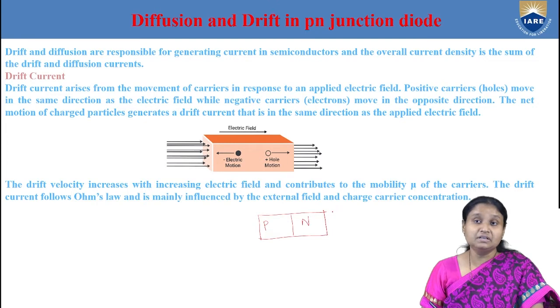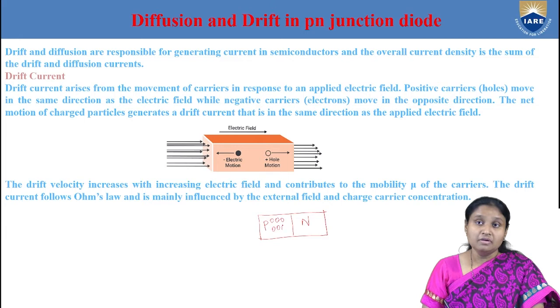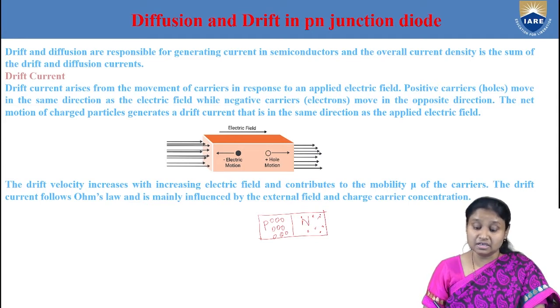Similarly, an N-type semiconductor is formed by doping pentavalent impurities into intrinsic semiconductors. As a result, P-type semiconductors have a lot of holes, whereas N-type semiconductors have a lot of electrons. So the majority charge carriers in P-type semiconductors are holes, and in N-type semiconductors they are electrons.